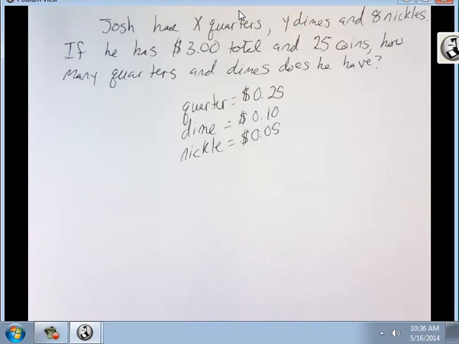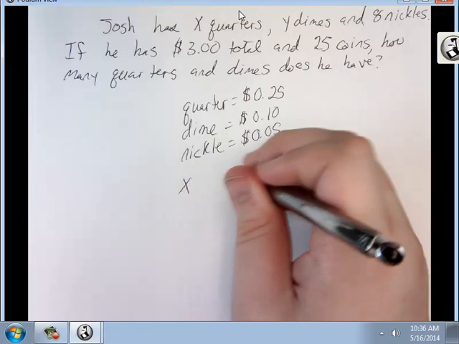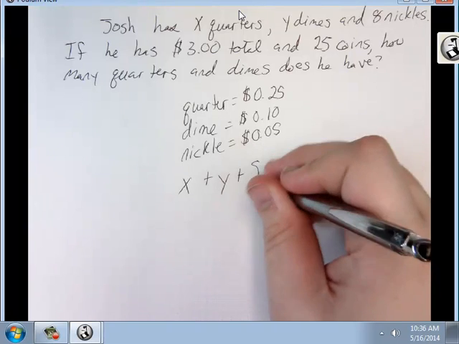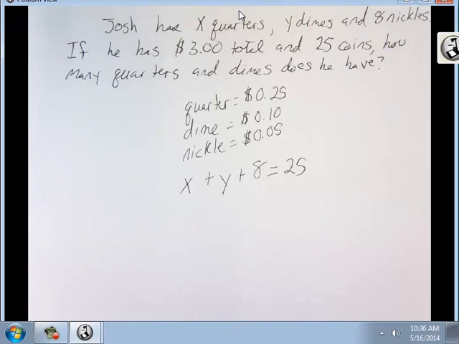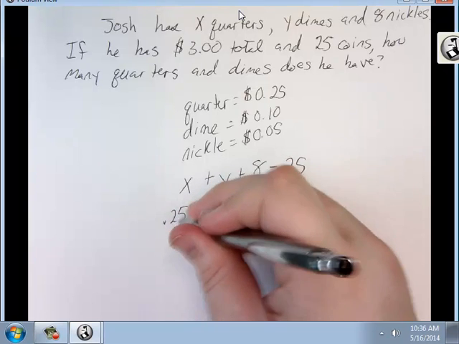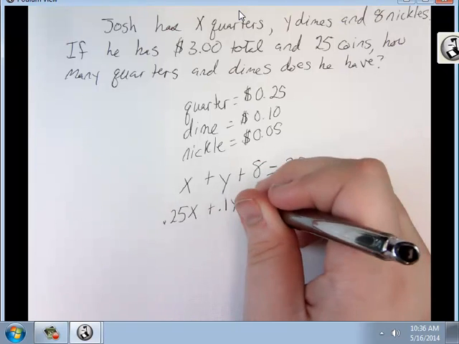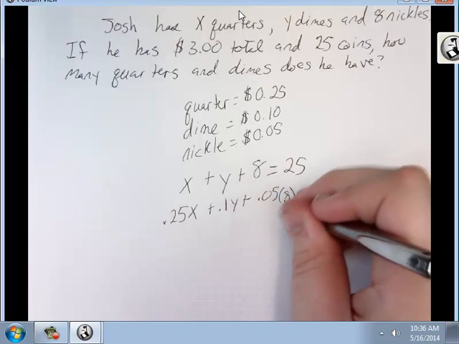And we know that his quarters plus his dimes plus the 8 nickels has to add up to 25. And we know 0.25 times his quarters plus 0.1 times his dimes plus 0.05 times 8 has to equal $3.